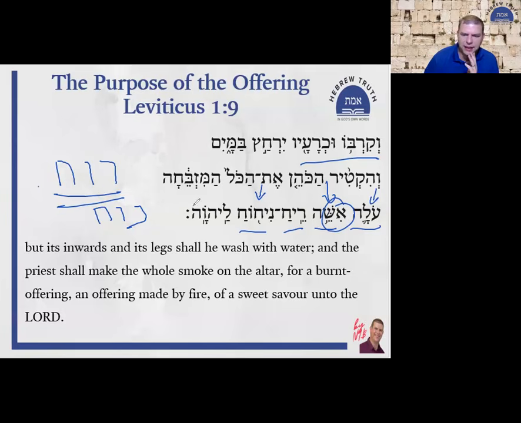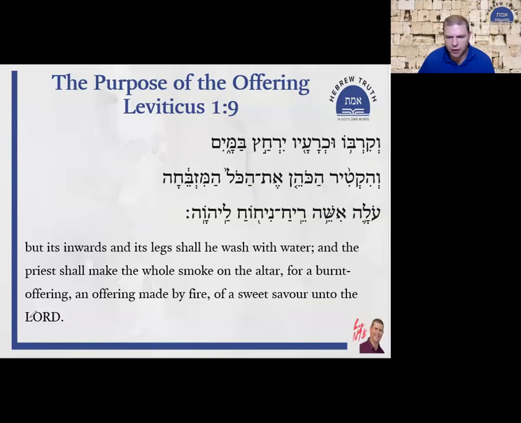Remember that in reach nichoach, it's a soothing smell, an aroma that brings this pacification, related to the world of the ancient Near East, where the offerings were kind of the food of the gods.